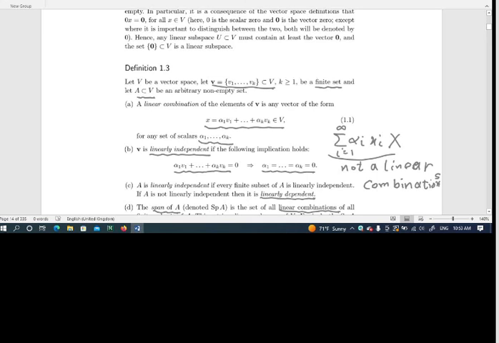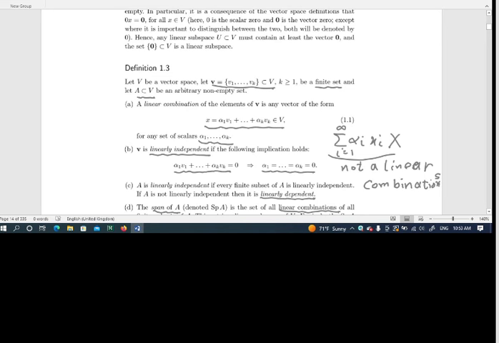A subset of V consists of k vectors v1 to vk as a finite set, and let A be a subset of V as an arbitrary non-empty set.